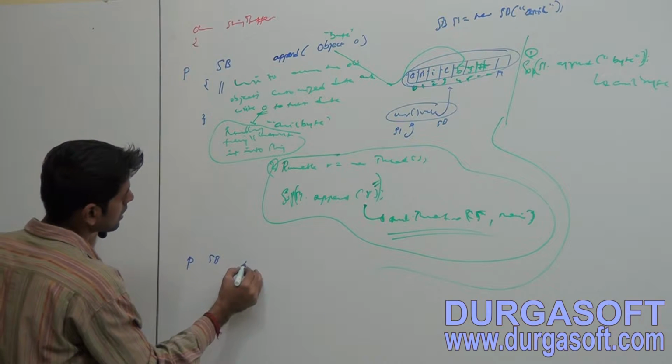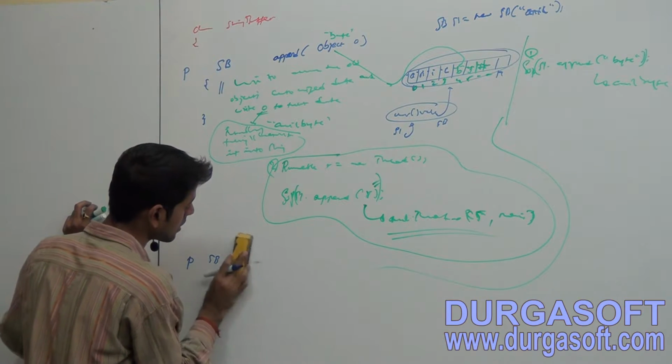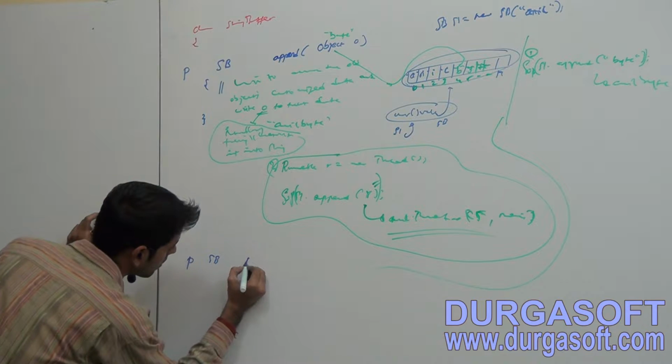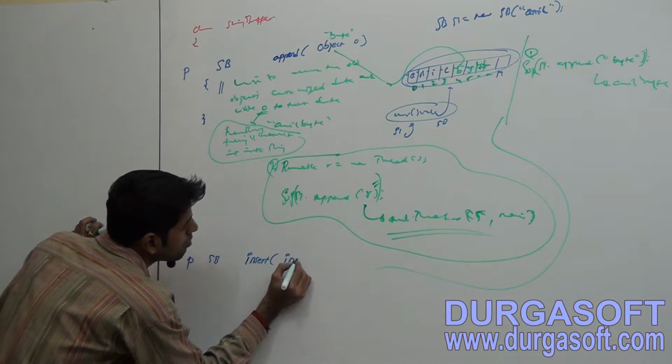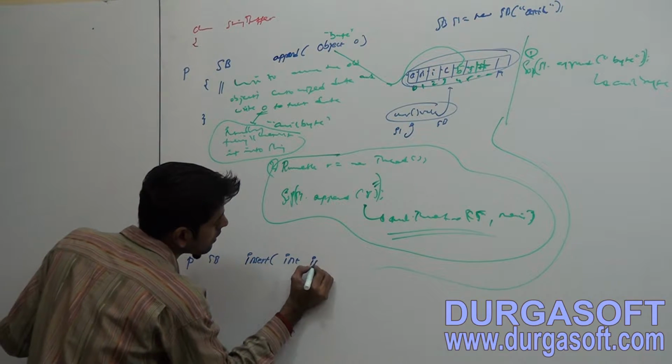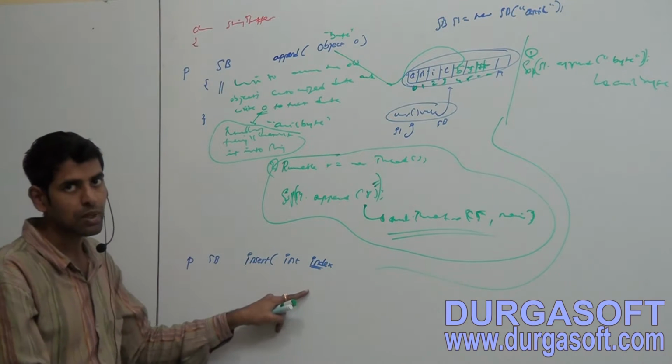Now coming to the other method, the public insert method. You have to pass as an argument, first, a valid index. Once again, what is a valid index?